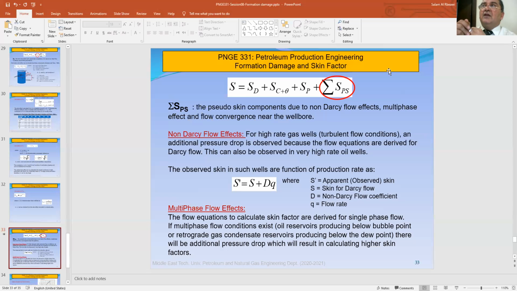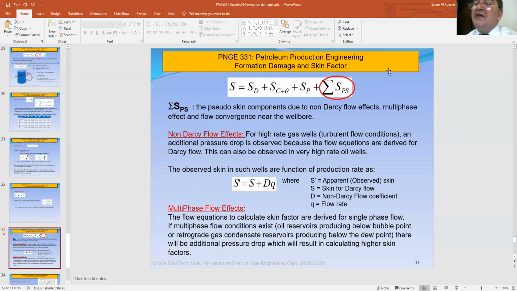We have the inflow performance relationship for gas flow, okay, single phase flow gas, and we have some of the models for inflow performance relationship when we have multi-phase flow. Okay. As a general statement, whenever we have multi-phase flow, there will be more pressure drop. Whenever we have multi-phase flow, there will be more pressure drop.